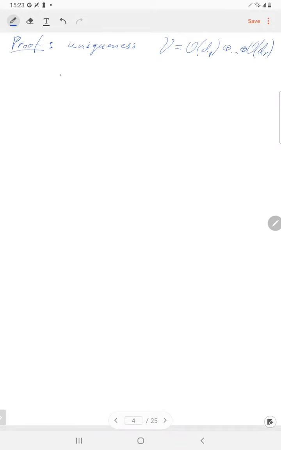Any suggestions? You know that if you take V and twist it by negative D1, then it does have some global sections. But if you twist it even more, then there will be no global sections at all, right? So D1 is defined like this.